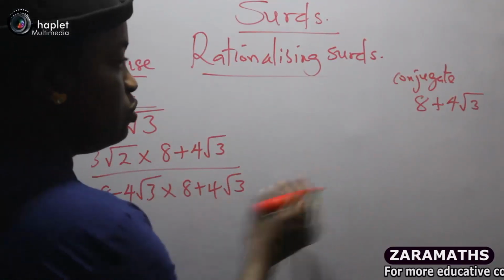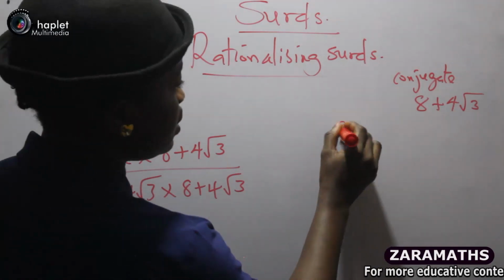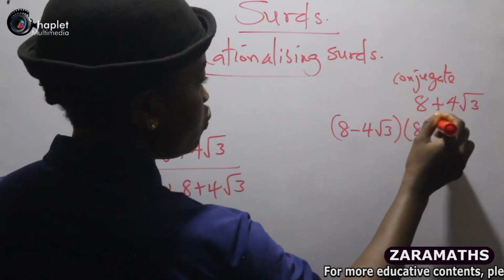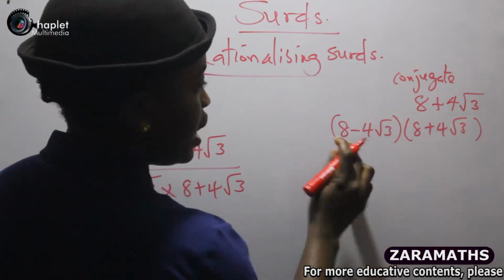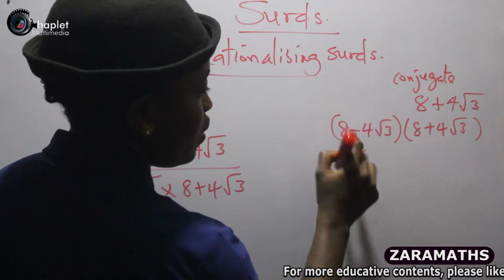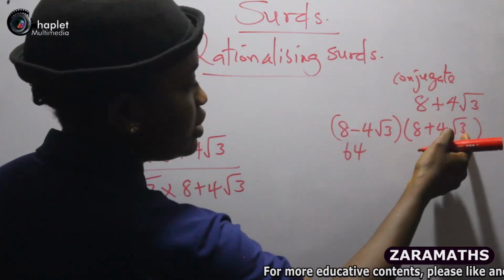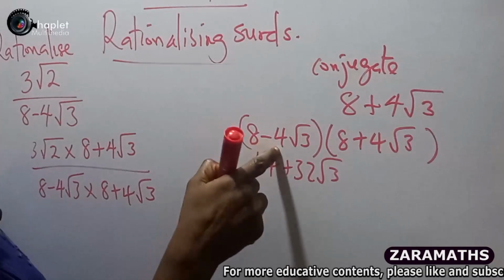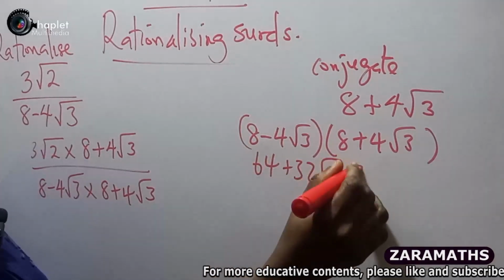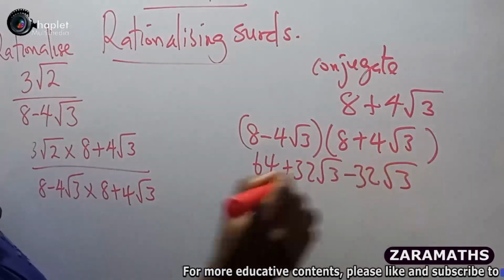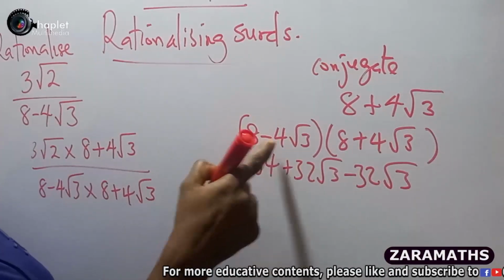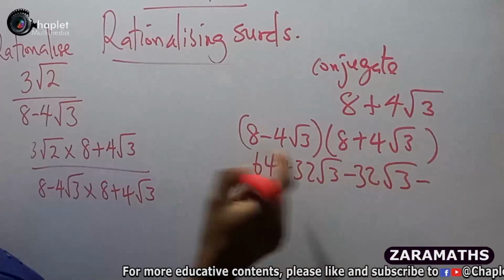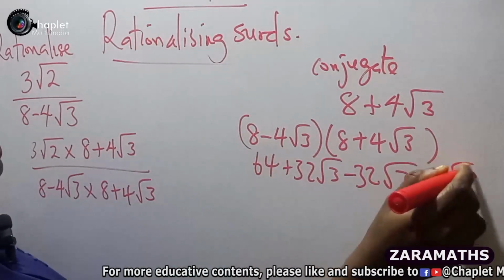So let's solve for this denominator here. 8 minus 4√3 times 8 plus 4√3. 8 times 8 is 64. 8 times 4√3 is plus 32√3. Minus 4√3 times 8 is minus 32√3. Minus 4√3 times 4√3 will give us minus 16√9.